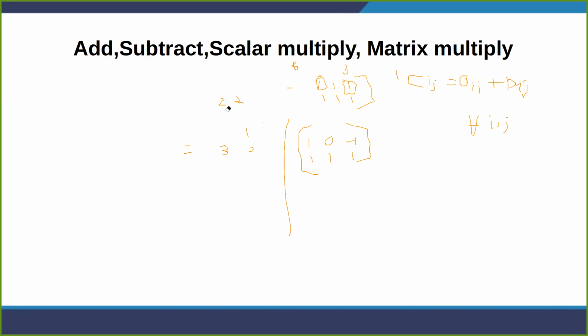Now let us move towards scalar multiplication. Don't be afraid of scalar. Scalar is just a big word for a constant, which is a number. If you multiply any matrix by a scalar, by a constant number, then you just multiply all elements of it.